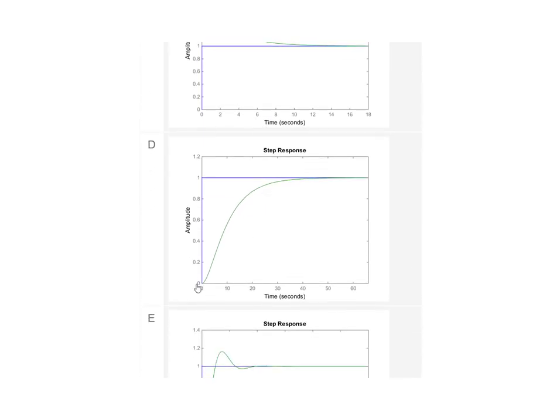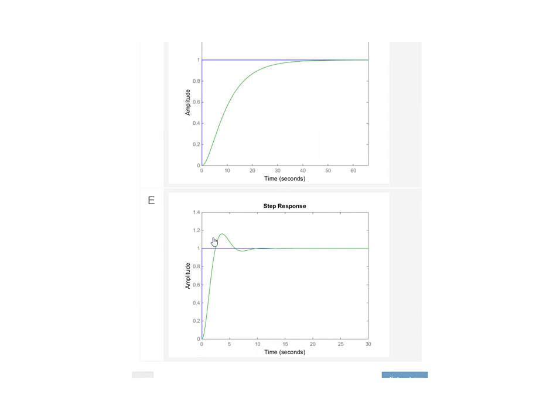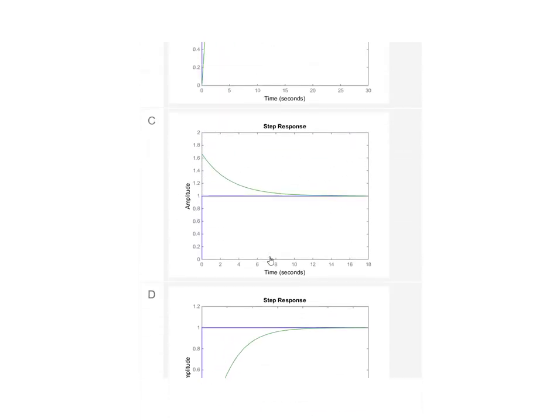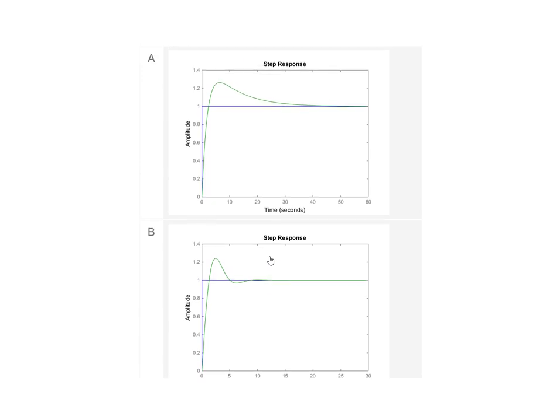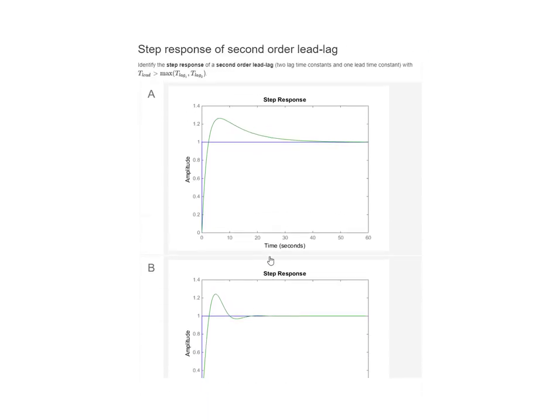Here we can see that the slope at the origin here is 0, so this corresponds to a response of a second order lag system. And here again we can see that there is this damped oscillation, so we can exclude E as well. So we can see that the only response that is consistent with what is asked is response A. So the correct answer is A.